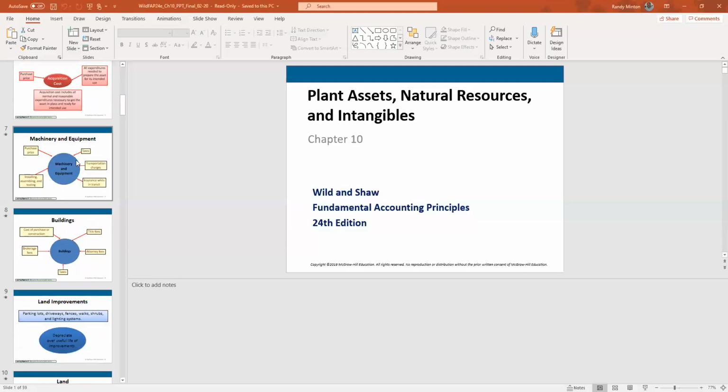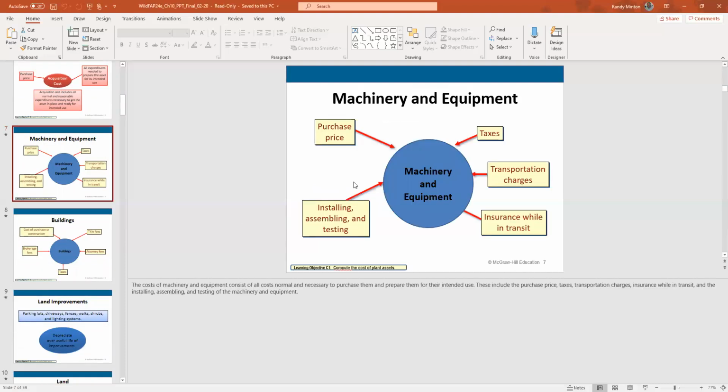But take a look, because here are some of the things that are really important. How do you get to the total cost of these things? Machinery and equipment: purchase price plus any installing, assembling, and testing. Now, that does not include any damage that you do unnecessarily.